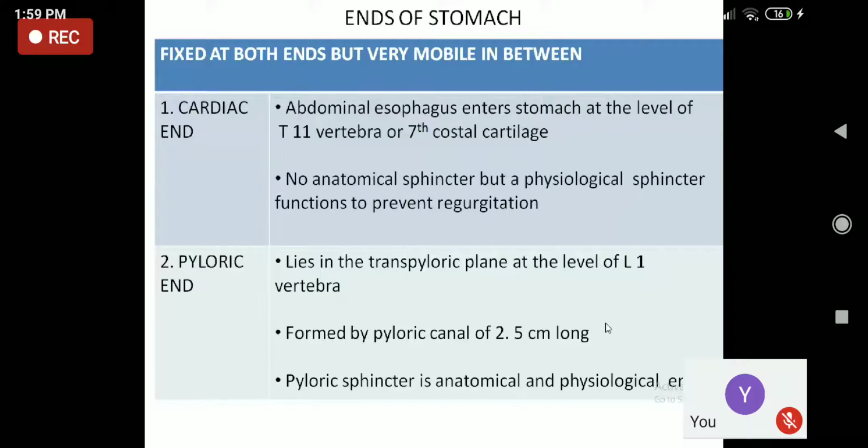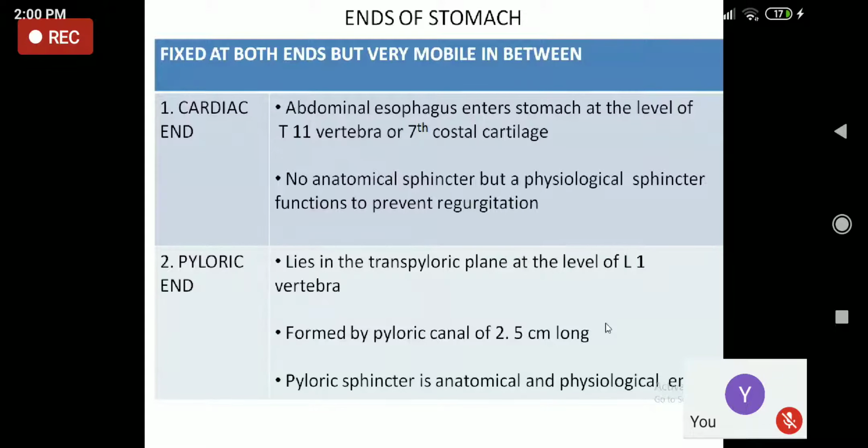This cardiac end actually has no anatomical sphincter, but physiologically it acts as a sphincter. So it is a physiological sphincter.